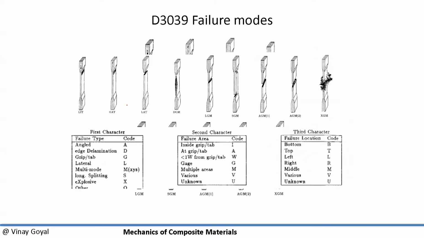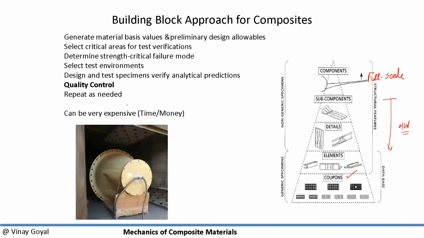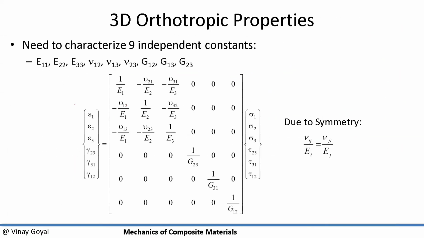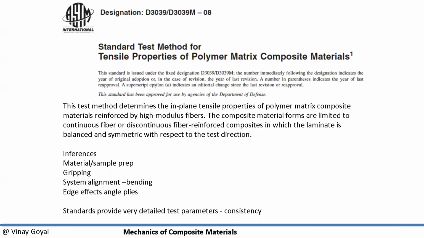And all we're trying to do, just so we don't lose perspective, is populate this compliance matrix. We're also trying to get the strength to failure and strain to failure, because those will be used later for failure predictions. It's important.